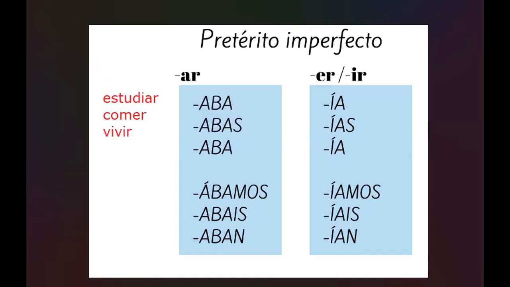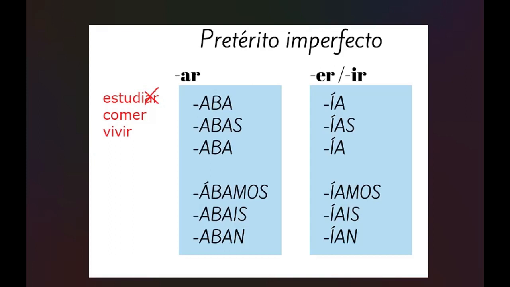The first one finishes with AR, which the sound in Spanish is R. So here we have a verb that finishes with R, which is estudiar. What we are going to do with estudiar is eliminate AR, and then we are going to add the endings depending on the personal pronouns.